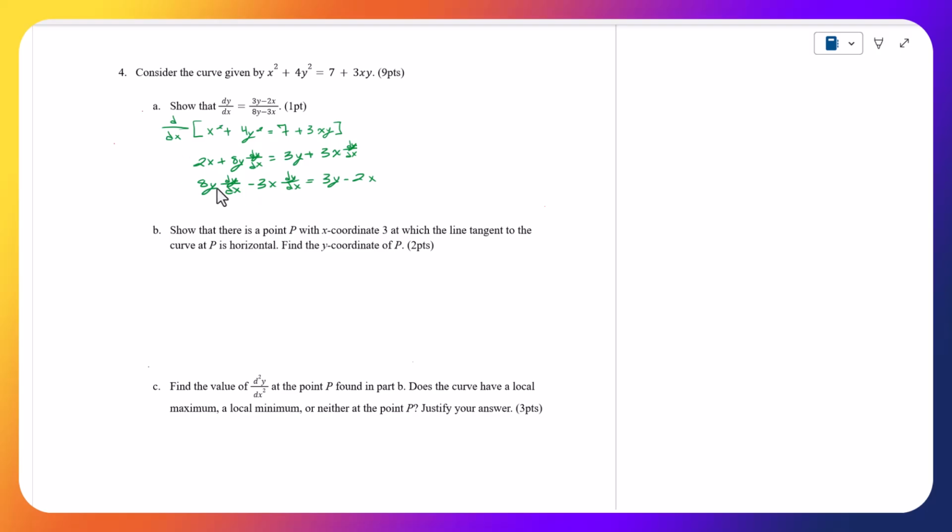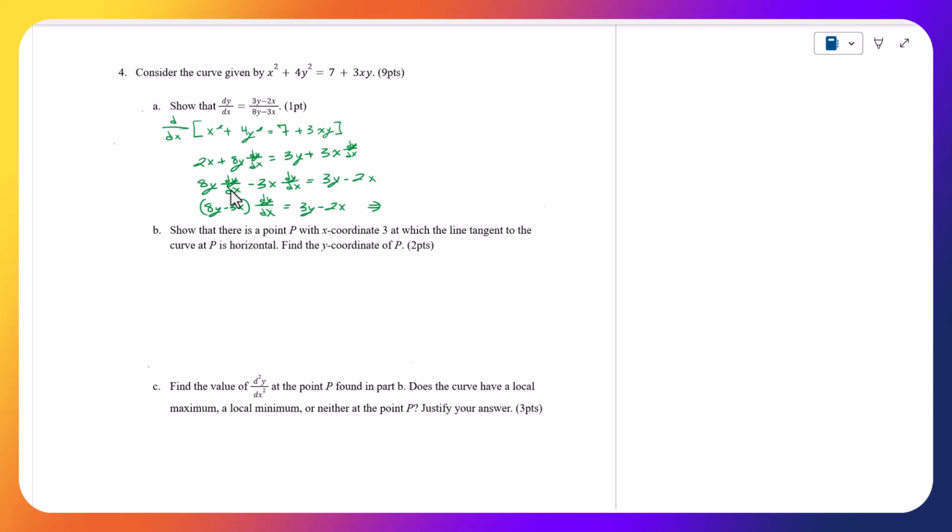If we look at our left-hand side, we can factor out a dy over dx. So we get 8y minus 3x times dy over dx equals 3y minus 2x. And finally, we're just dividing by 8y minus 3x.